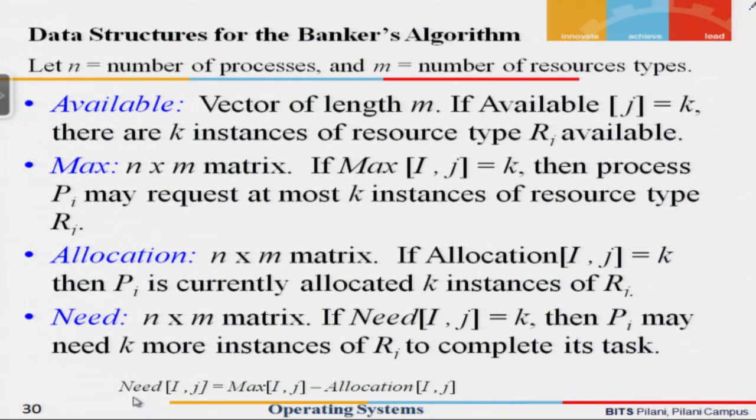It can be computed as max[i][j] minus allocation[i][j]. So need can be obtained simply by subtracting the allocation matrix from the max matrix.